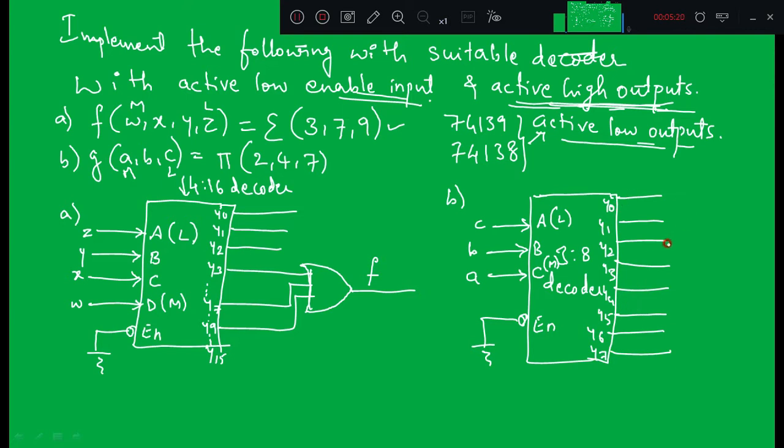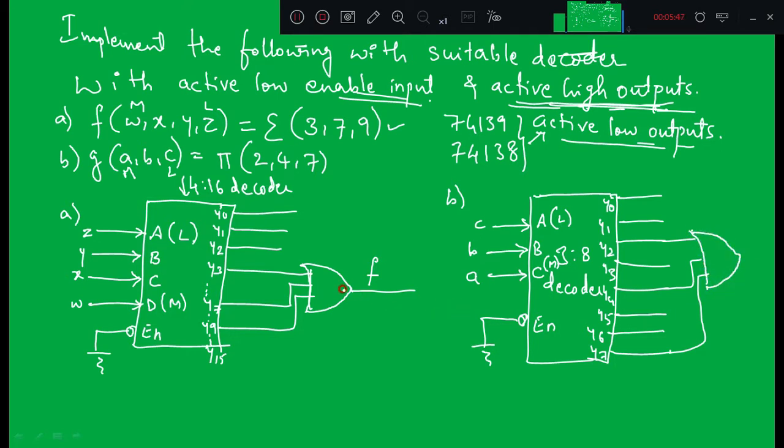So 2, 4, 7, right? Which gate do I have to use here? I need to use a NAND gate. Let me check. So we need to use a NOR gate, because summation is the complement of pi and pi is the complement of summation, right?